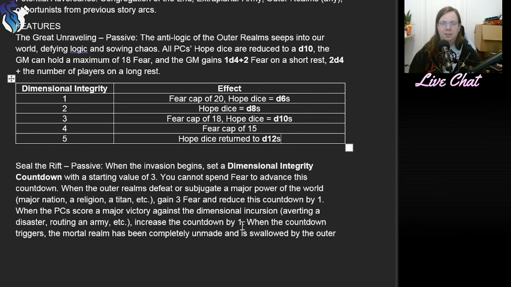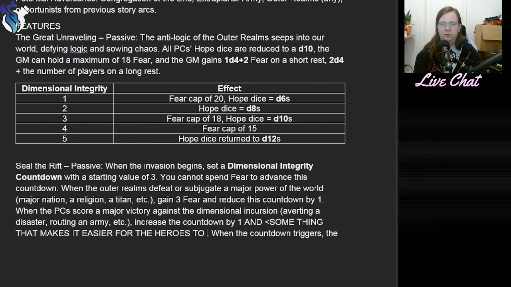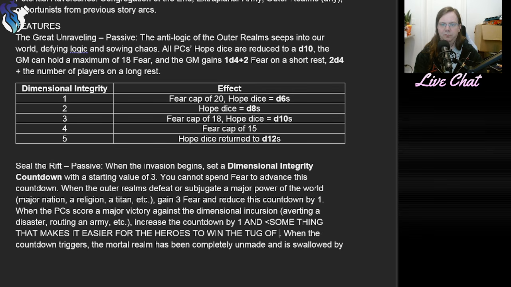So it might be something that makes it easier for the heroes to win the tug of war. When the PCs increase the countdown, something else happens.